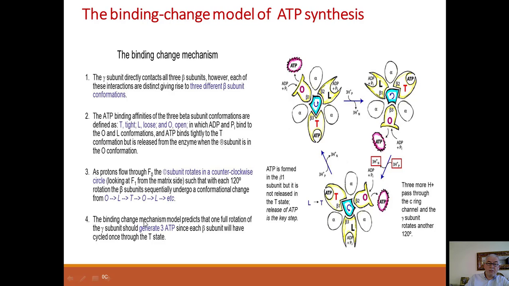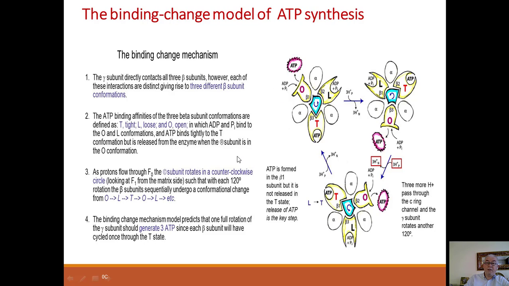The binding change mechanism model predicts that one full rotation of the gamma subunit of F1 should generate 3 ATP, since each beta subunit has cycled once through the T state.